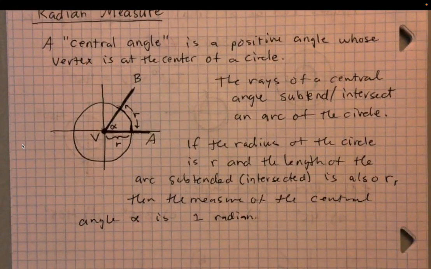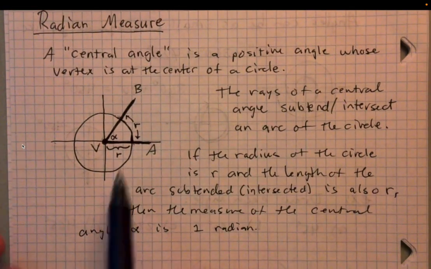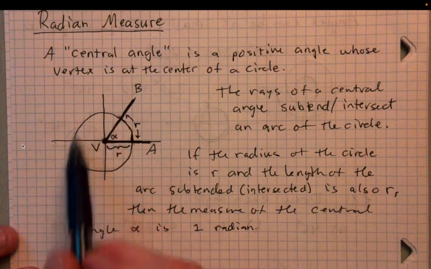All right. And so 1 radian is an angle sufficient to sweep out an arc whose length is the same as the radius of the circle. Okay? So that's the idea behind radian measure. You've got an angle inside of a circle.